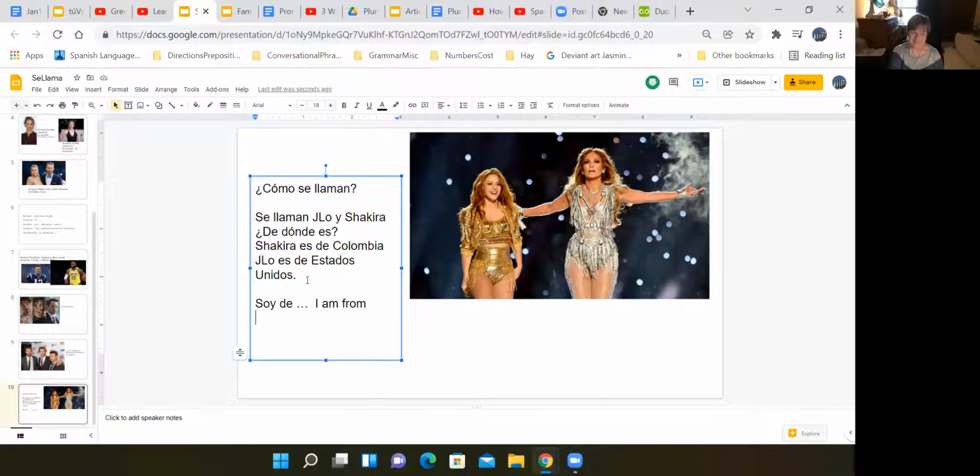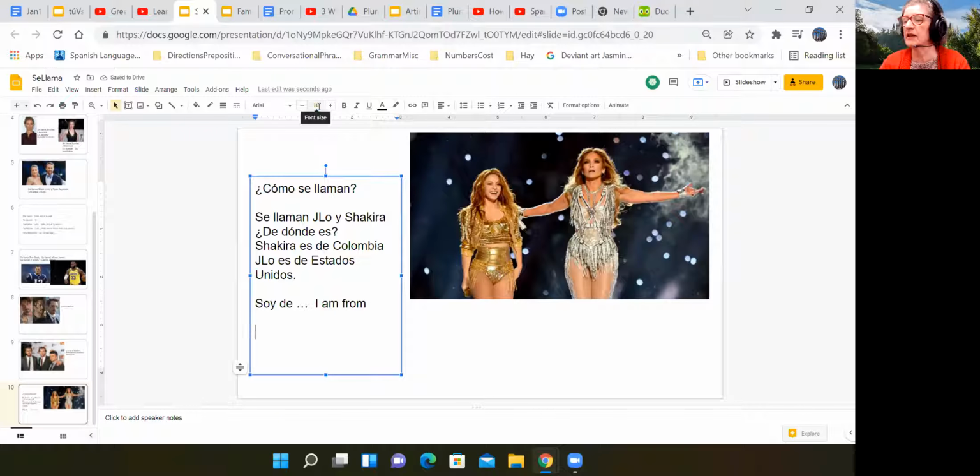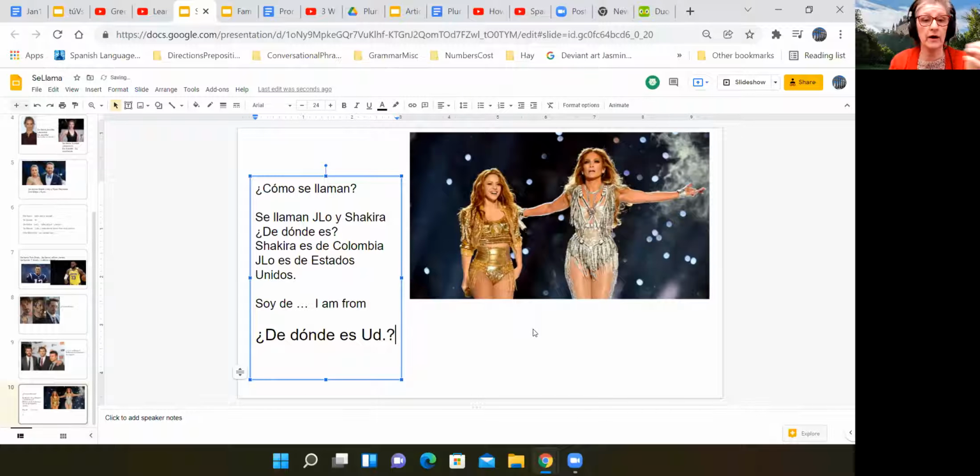So usually we use the country. So I want to show you something because this is a tough word to tackle, but it's something you need to be able to tackle. Somebody asks, ¿De dónde es usted? Where are you from?